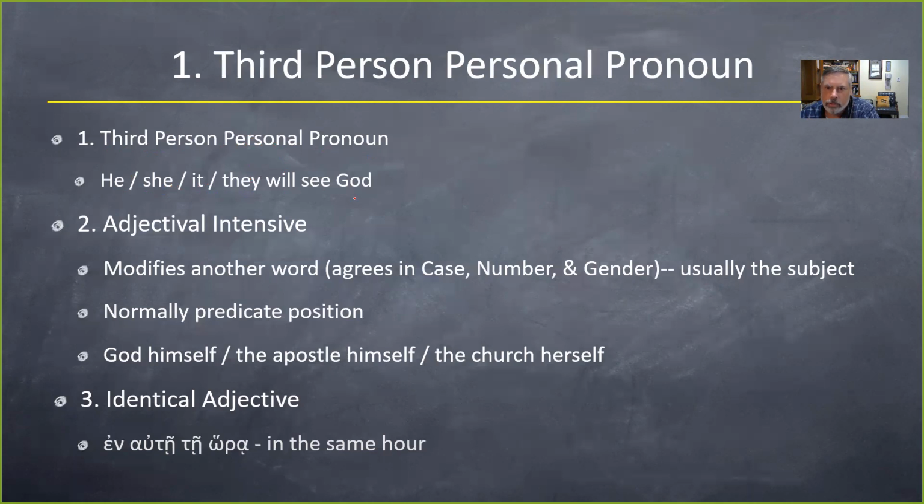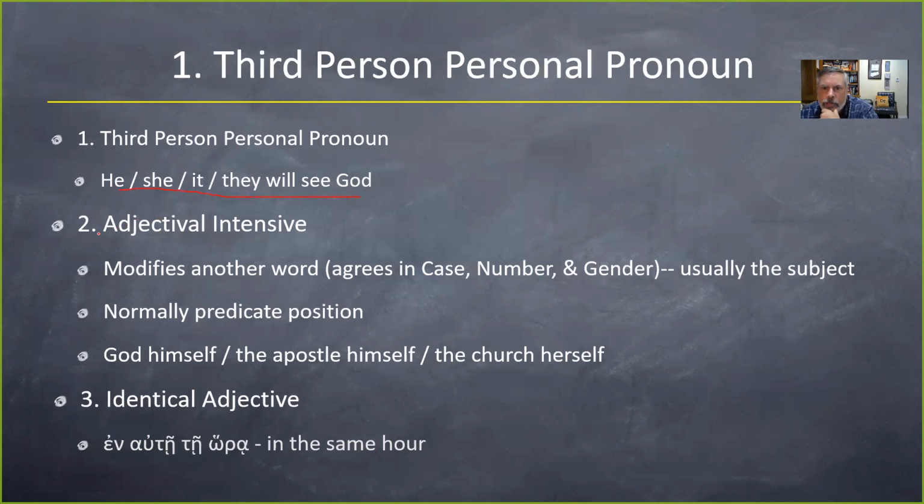The same with the accusative case: him, her, it, and them in the accusative plural. So this should be very normal, and you should be very comfortable. You shouldn't have any real problems with that.